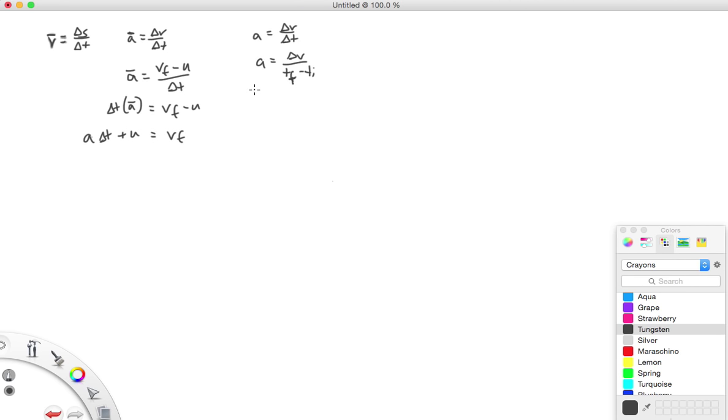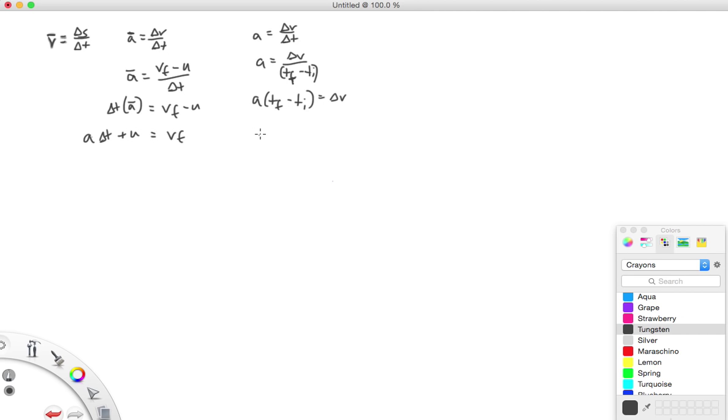To solve for this, let's just keep this like that. We'll multiply both sides by this quantity right here. It'd be a times Tf minus Ti equals delta V.